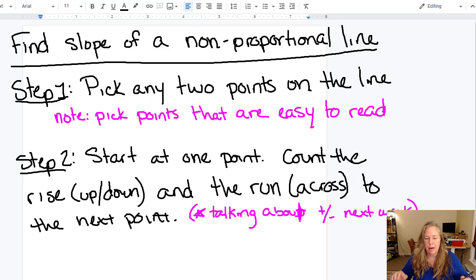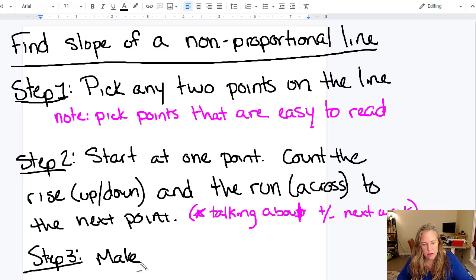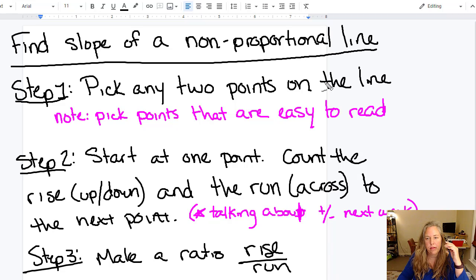So if you have questions about that, we are definitely going to talk about it, but not yet. We're just going to get the basics down today. And then step 3, make a ratio. Rise over run.